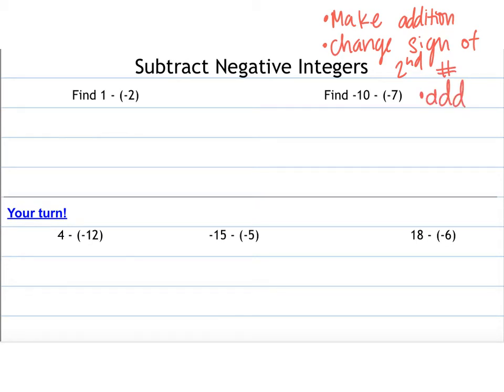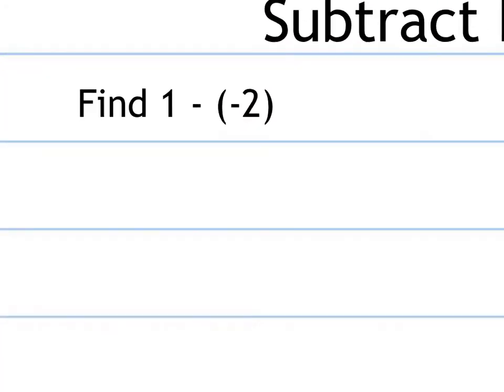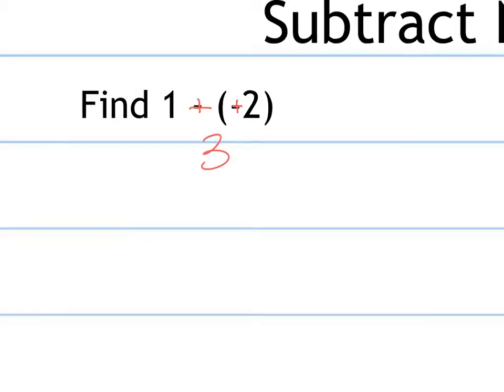Okay. So let's do these two together, and then you can try the next ones on your own. So 1 minus negative 2. So you change the subtraction to addition. Change the sign of the second number. Since it's a negative 2, we make it into a positive 2. So 1 plus 2 is 3.